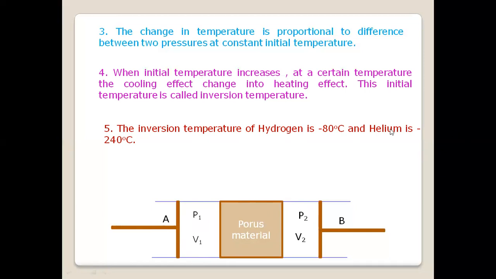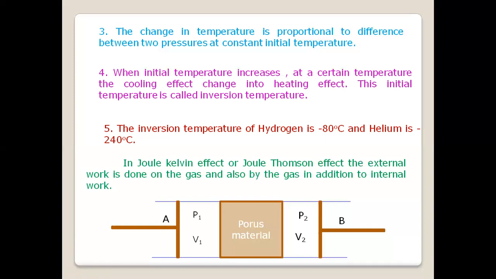Similarly, if the initial temperature of helium is less than minus 240 degrees Celsius, when this helium passes through the porous plug, it also shows the cooling effect. That is the importance of the inversion temperature. In compartment 1, external work is done on the gas by the piston, and in compartment 2, the gas does work on the piston.